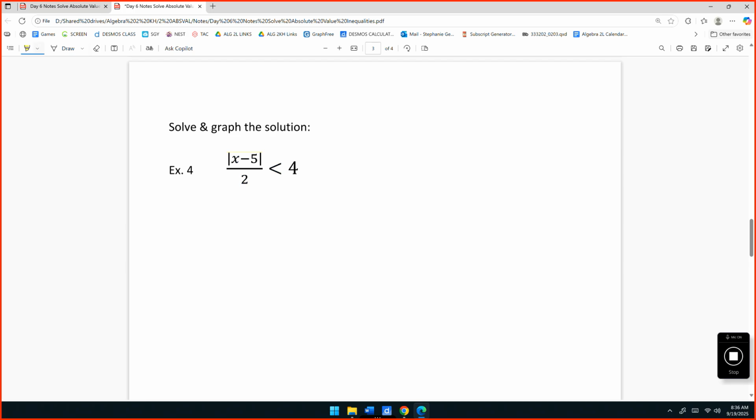So you have to always still isolate the absolute value first, before you decide if it's and or or, because it might impact whether it's an and or an or if you have to flip the sign for any reason.